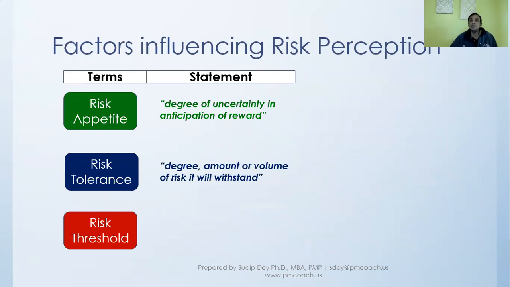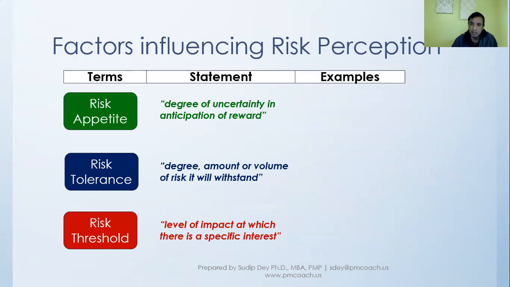So you are being a little more specific in risk tolerance. And when you come to risk threshold, it is much more specific. It's saying that level of impact at which there is a specific interest. Okay, if it is at that level, I'm fine, but beyond that, no, I'm not with you. So that is the kind of statement that will come out of risk threshold.